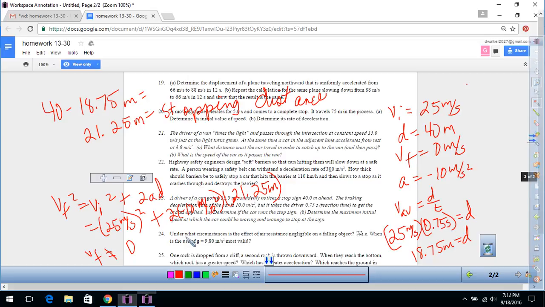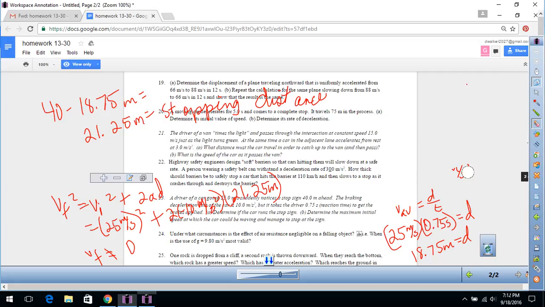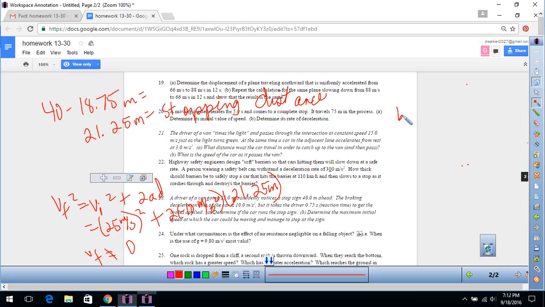Okay? And then it says what speed would he have to have in order to stop at the stop sign. So I said, well, let's see what that would need to be. So for part B, I said, okay, VF squared, VI squared, 2AD. I need this to be 0.